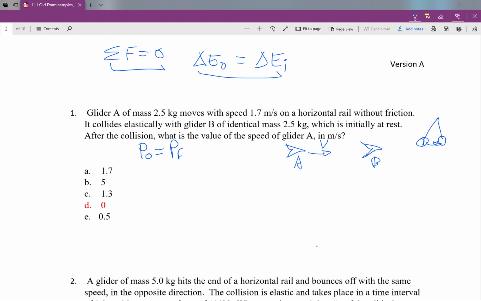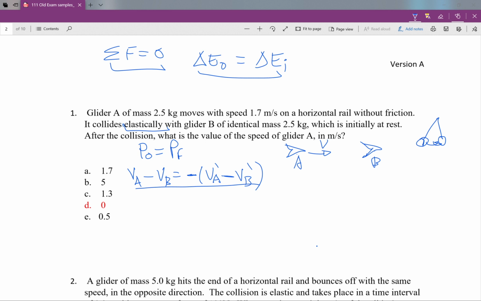So let's do conservation of momentum, and let's also take advantage of the fact that because energy is conserved, we know that the initial velocity of A minus the initial velocity of B equals the negative of the final velocity of A, VA prime, minus VB prime. This is thanks to the conservation of energy, given that this is an elastic collision.